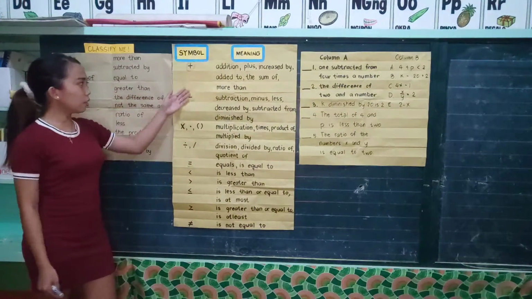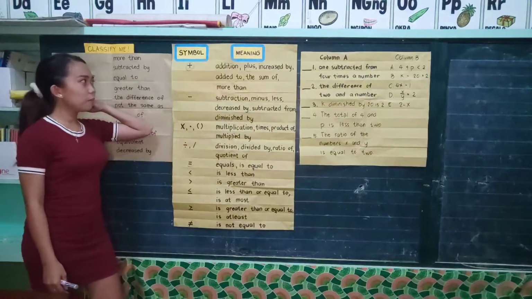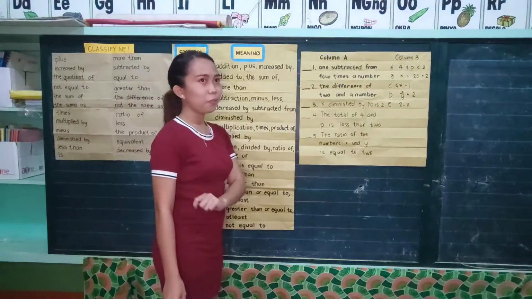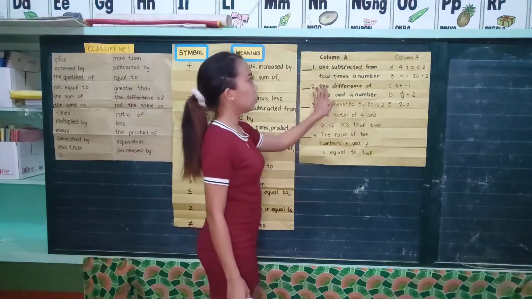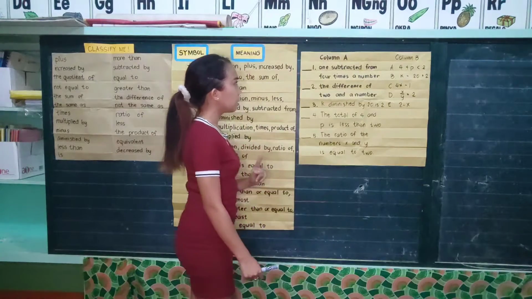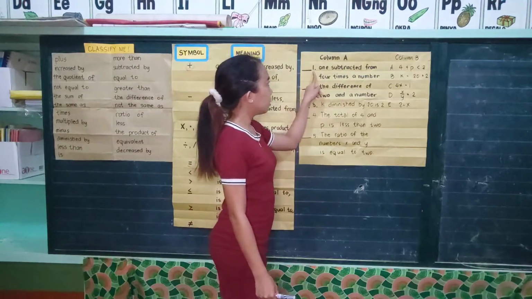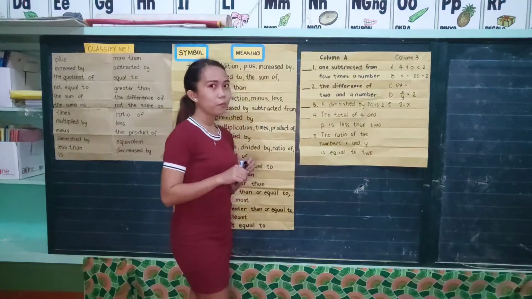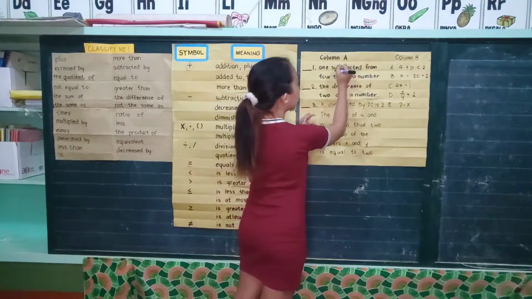So familiarize all the symbols and their meanings, because we will use them in our next activity. So we have here two columns, column A and column B. So let's practice. The first one, 1 subtracted from 4 times a number. So we have here the word subtracted.